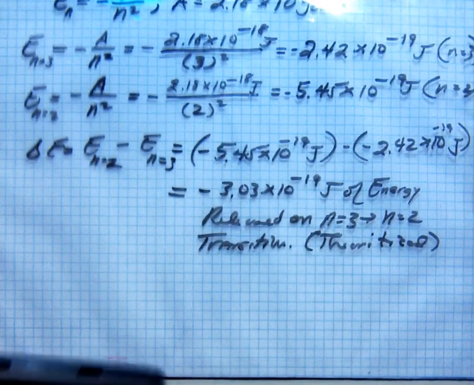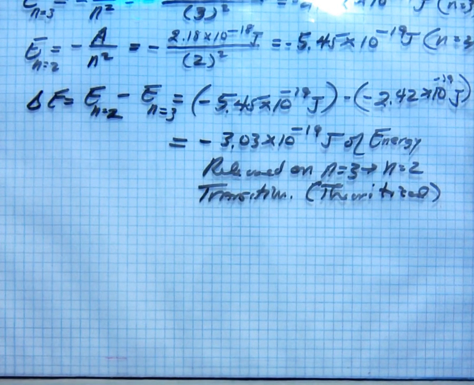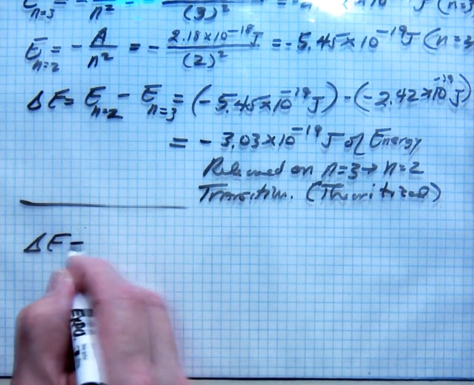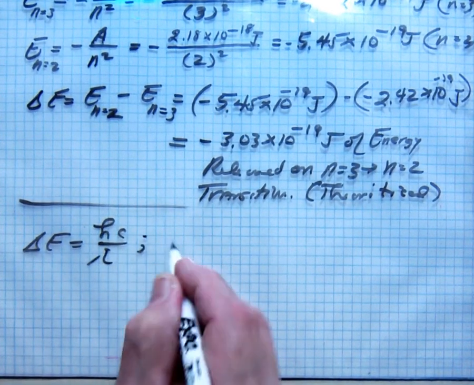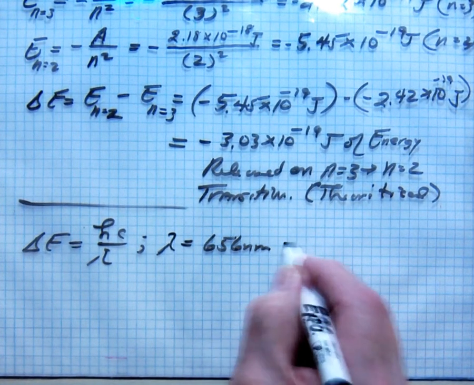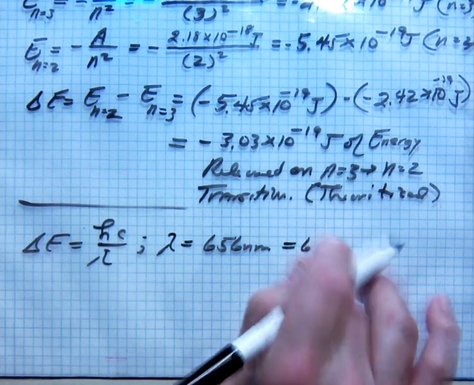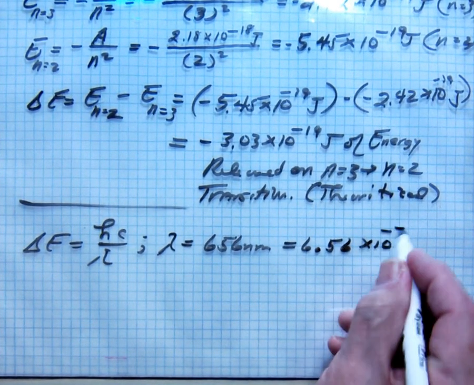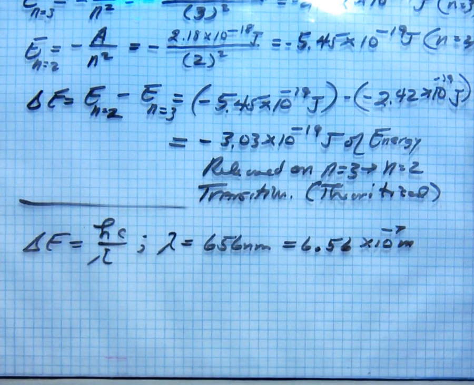Now, if this matches the same energy that we can calculate from the measurement of red light, delta E equals hc over lambda, where lambda is equal to 656 nanometers, or 6.56 times 10 to the minus 7th meter, then the red light is a result of the transition of the electron from n equals 3 to n equals 2. That's how they came up with this.